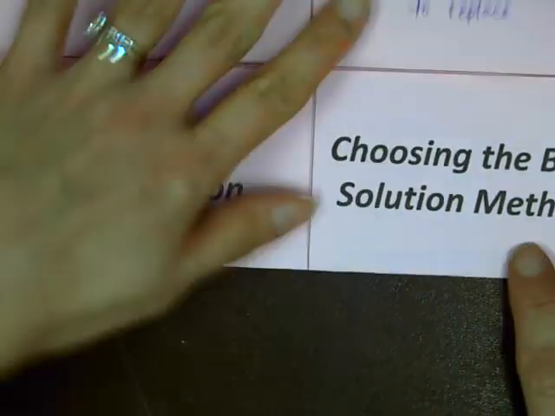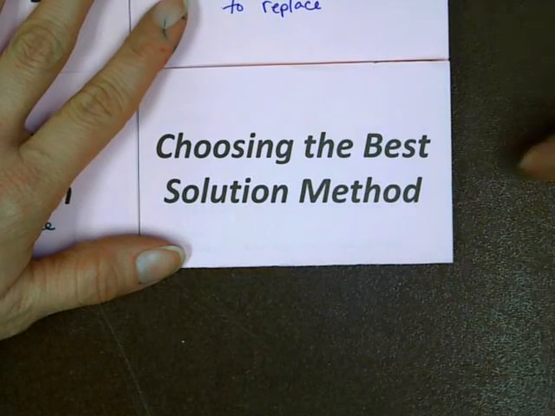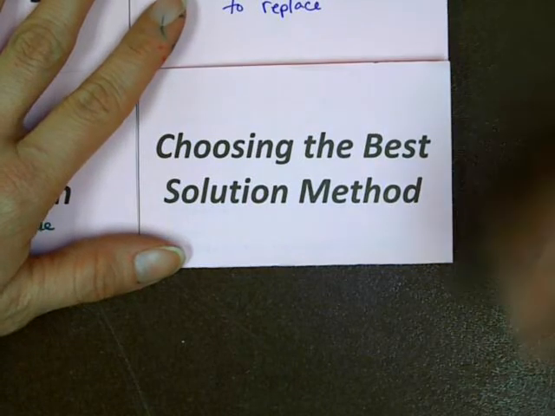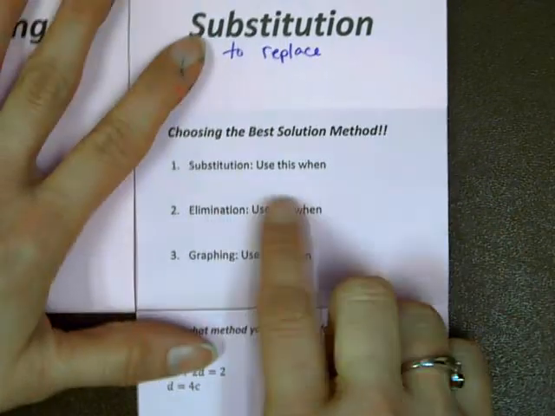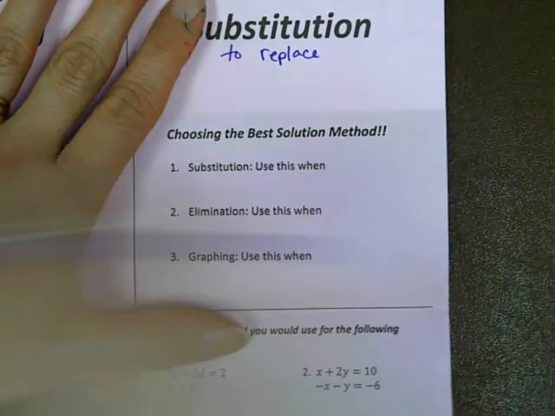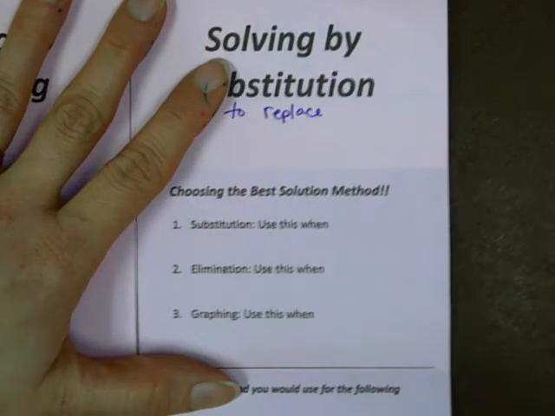Now, what we want to get good at is choosing the best method. Sometimes one method is easier to do because it's already in that form. So when would we use the substitution method?